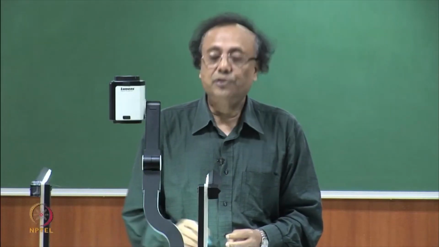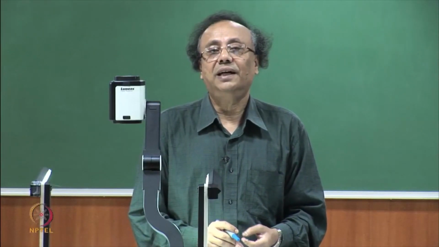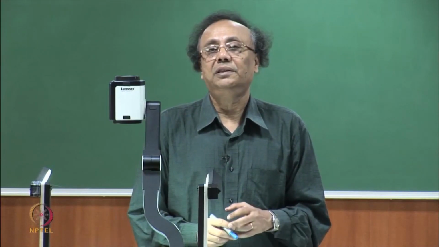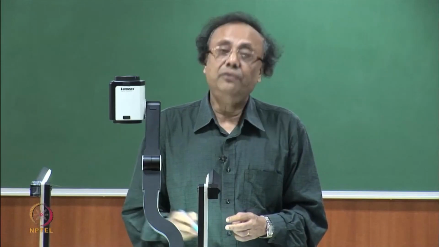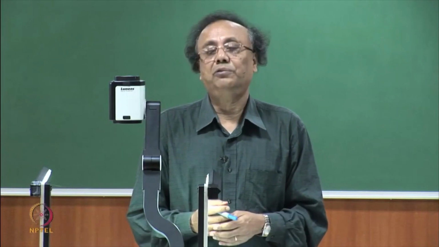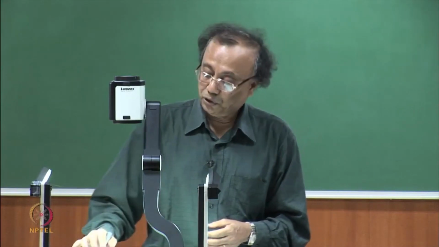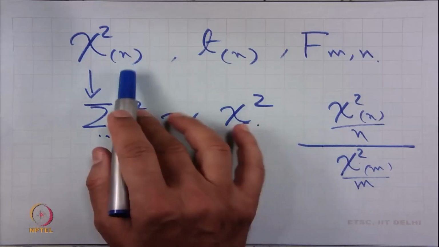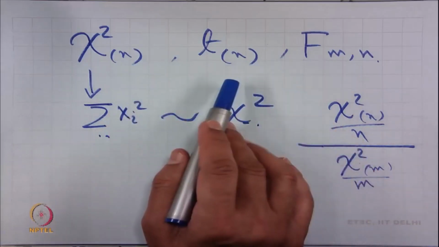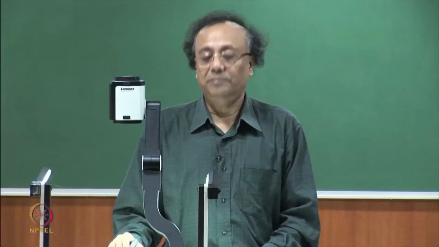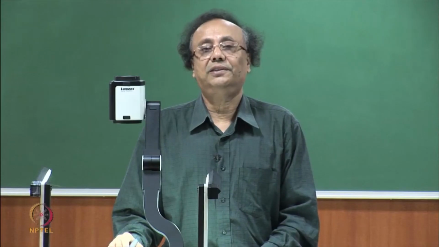N actually means the sample size, that is, how many samples you are taking from a normal population. Then, when we want to infer about one particular population or want to compare between two populations, we will be using these random variables in an effective way. We shall discuss that in my subsequent lectures.